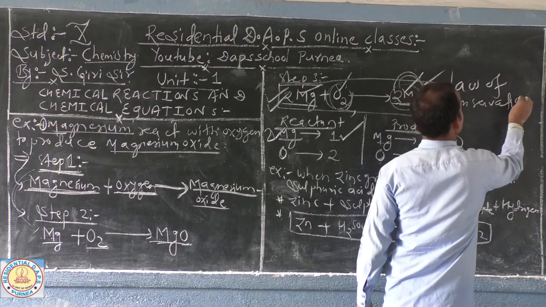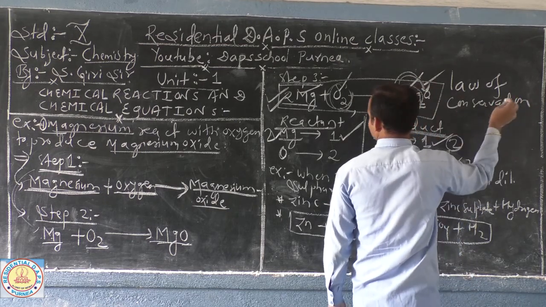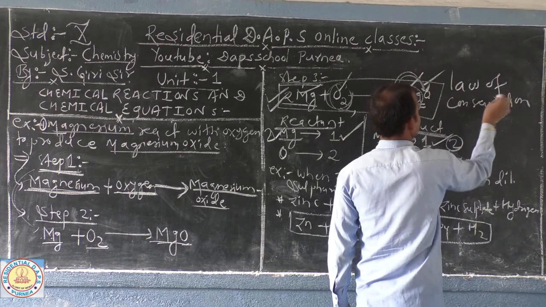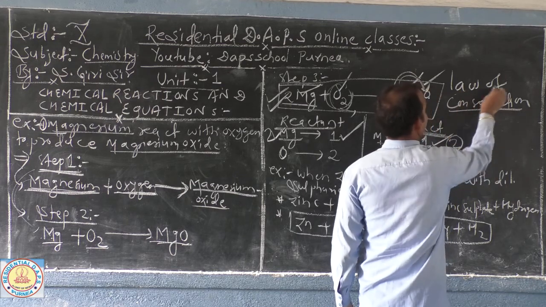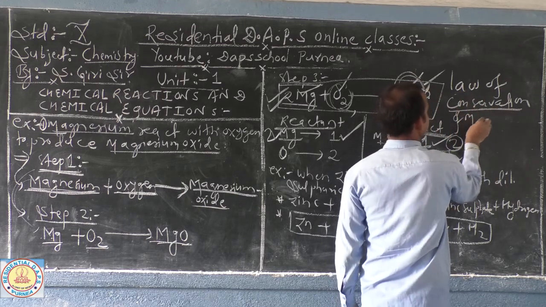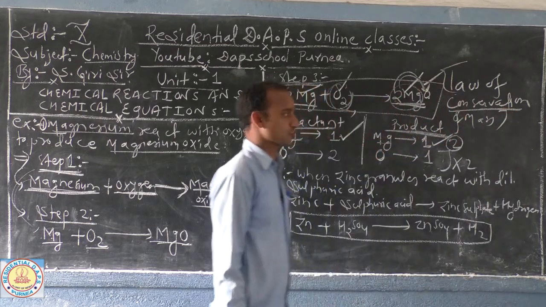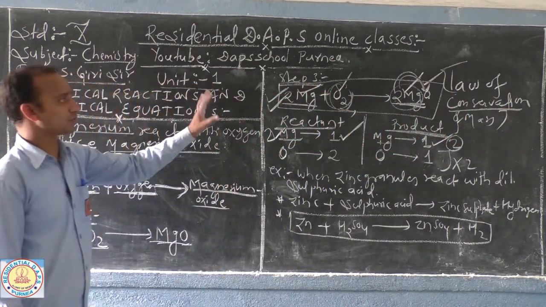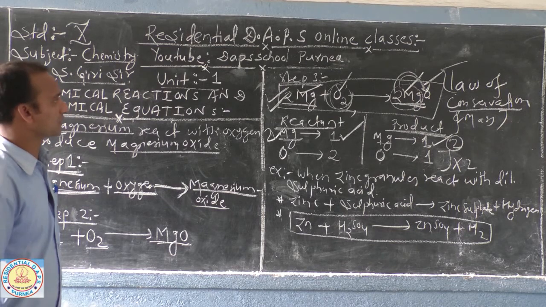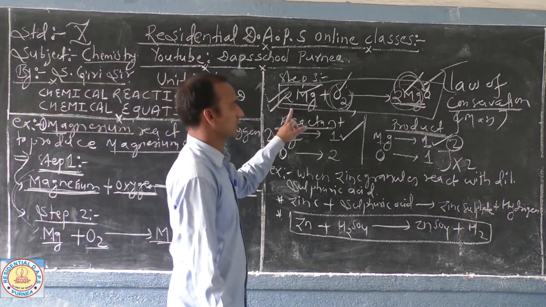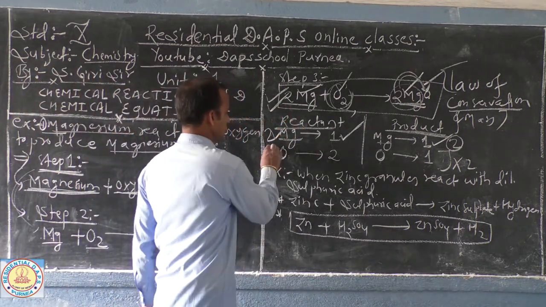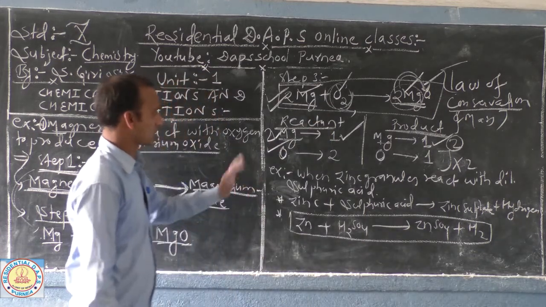Each and every chemical equation of a reaction is represented by satisfying the law of conservation of mass, which means mass can neither be created nor destroyed. You have to follow this law, then only your chemical equation becomes right. So these are the steps, you can balance easily.